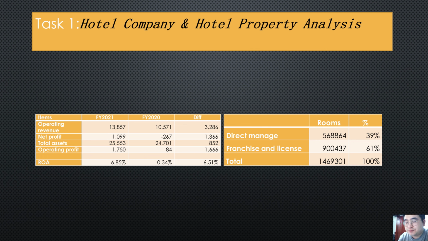So for Marriott International and other similar hotel groups, their cost structures have a high proportion of fixed costs like the property depreciation or staff wage, but a low proportion of variable cost.